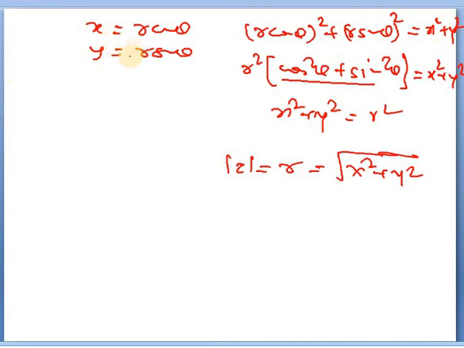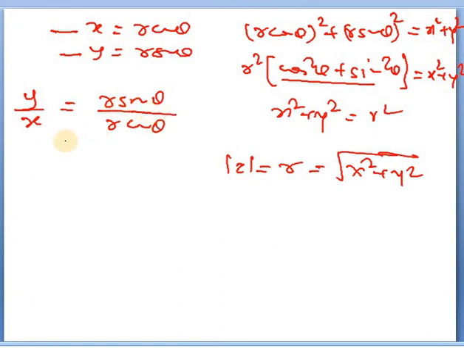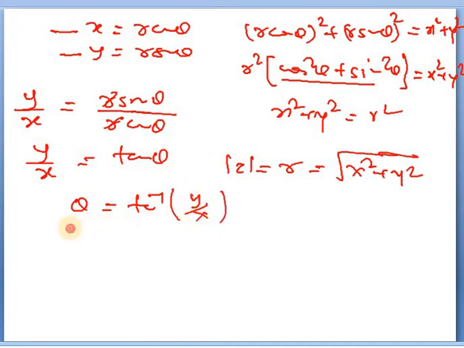So how can we find theta? Divide this by this: y upon x is equal to r sin theta upon r cos theta. So y upon x is equal to sin upon cos, which is tan theta, so theta is equal to tan inverse of y upon x. This theta value is known as the argument.